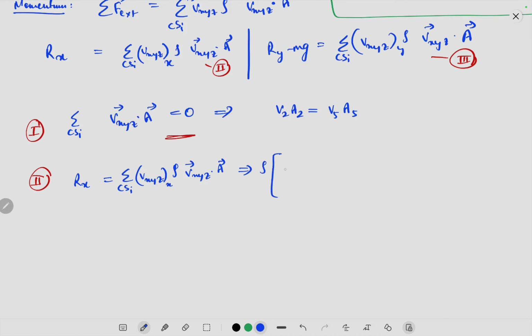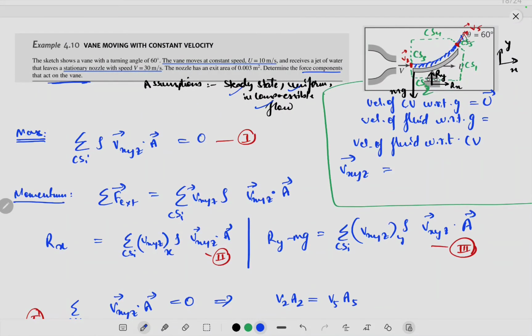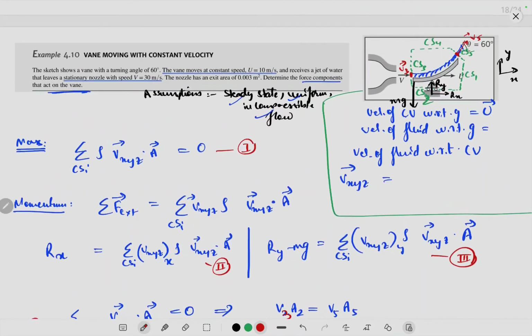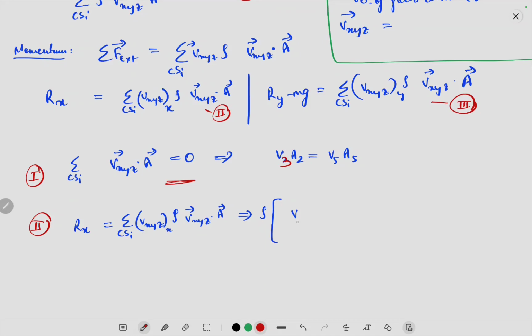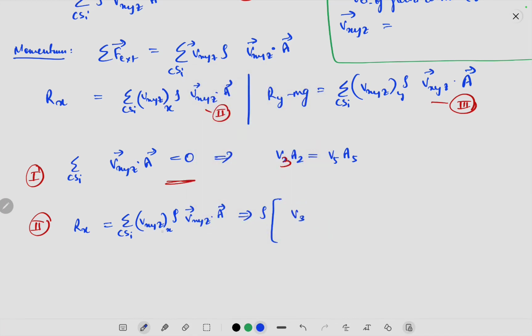For CS3 the velocity is V3, so the velocity along x-axis is V3, rho is outside, Vxyz dot A is V3 A3, the area is also A3.